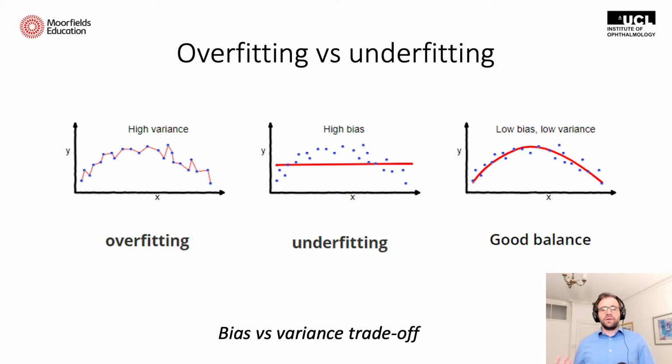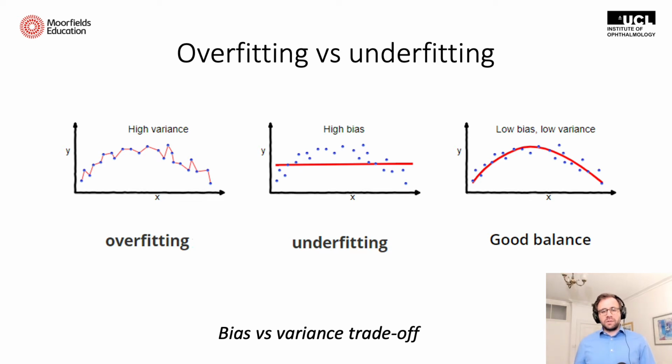On the other hand, if you had a high bias model that only has one parameter, as you can see in the second example, the one parameter being the intercept, this model clearly doesn't do a very good job at fitting the data, and it's likely to get it consistently wrong. This is what is known as a high bias model.